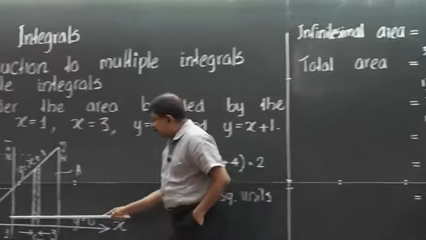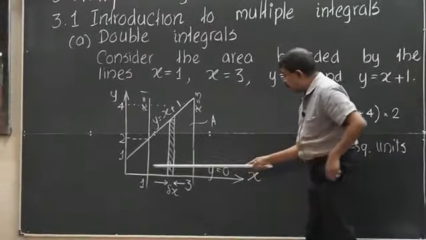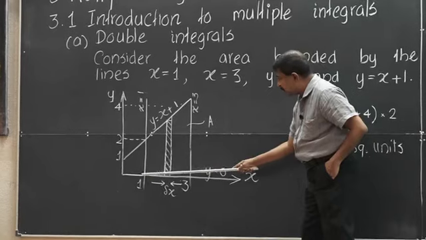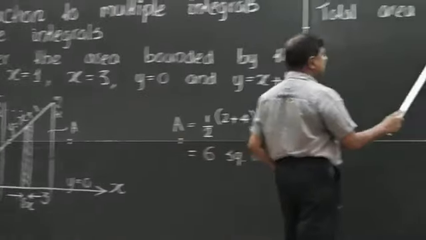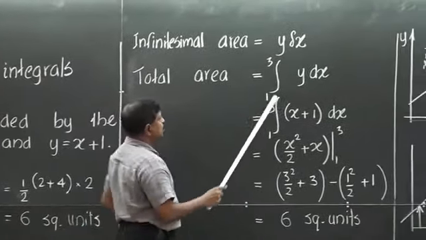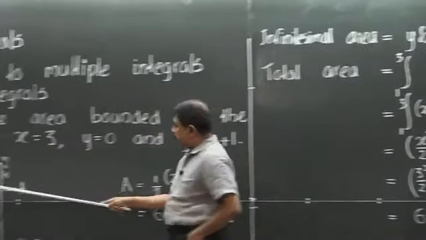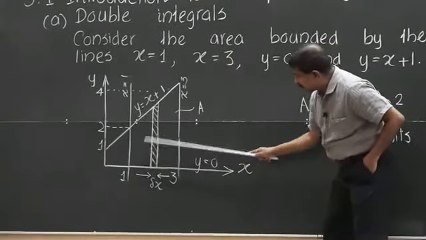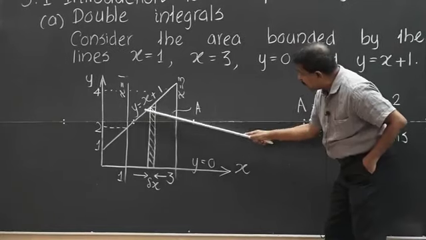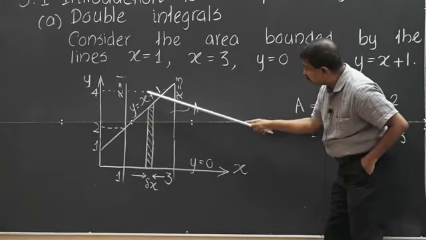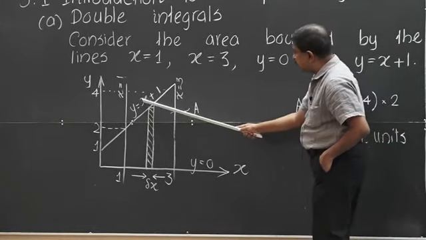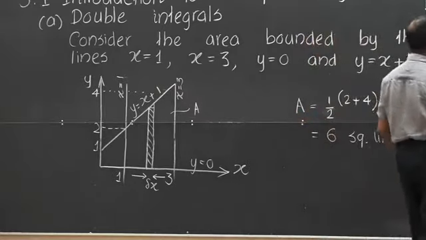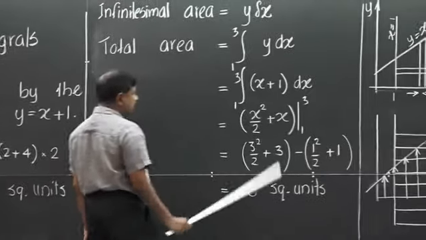The limits of x are from 1 to 3. The lower limit is 1, the upper limit is 3. Therefore, you will end up with this. In this case, the value of y is given by x plus 1. Now you plug that in.